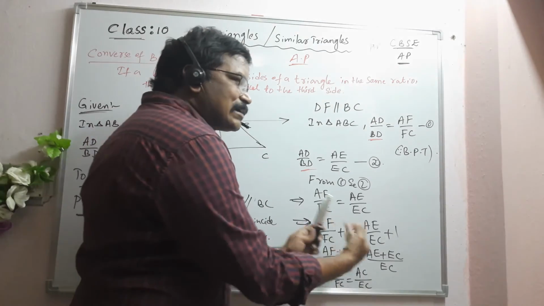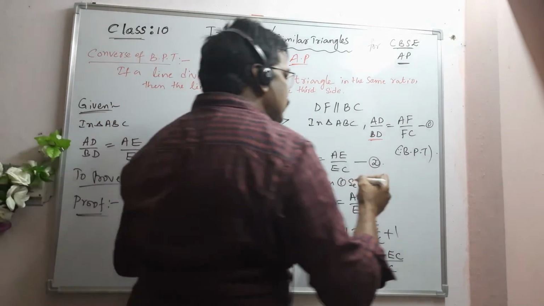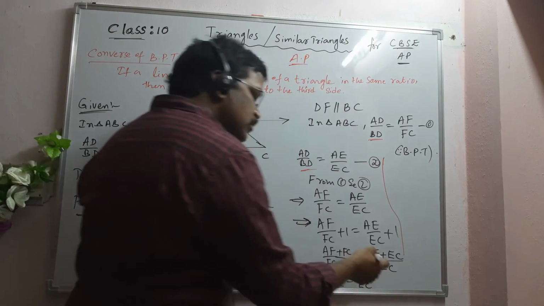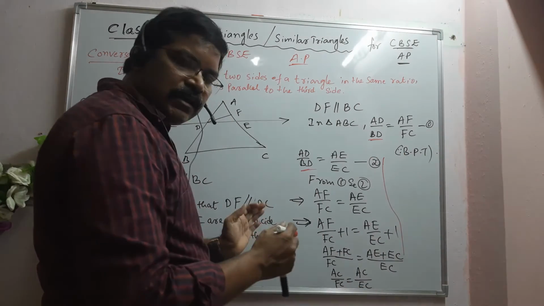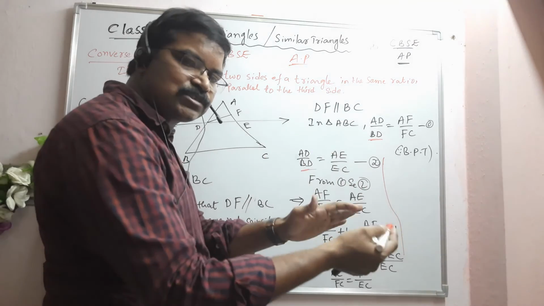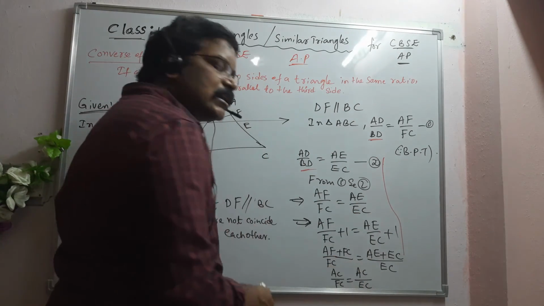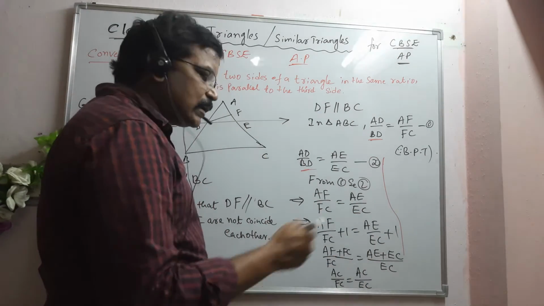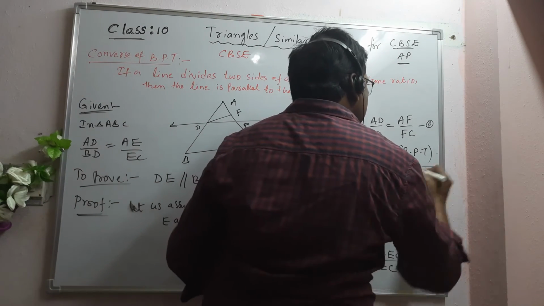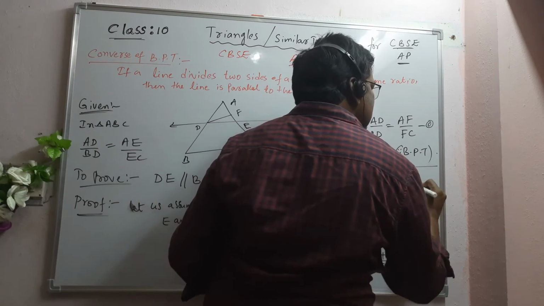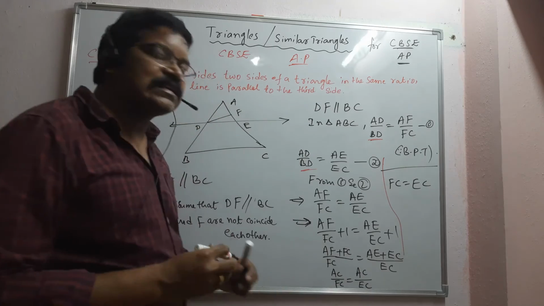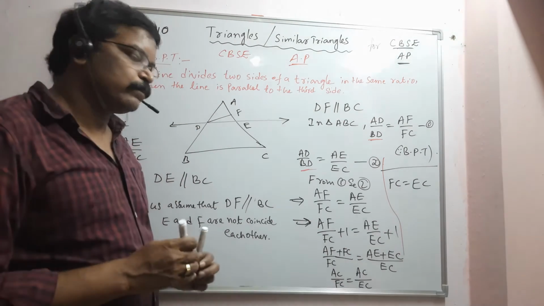The two fractions are equal, and in the two fractions the numerators are equal, so we can write that denominators are also equal. That means FC and EC are also equal.